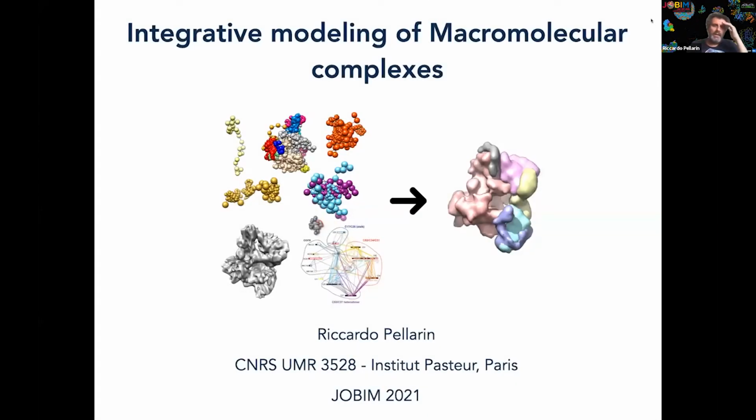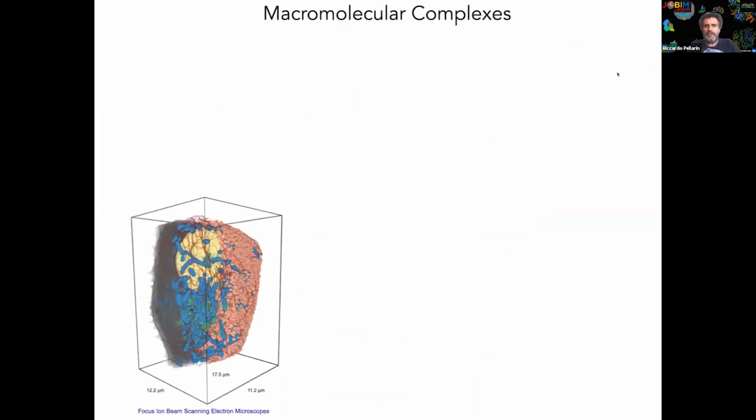Okay, so I will show a little bit of what I do as a researcher, which is mainly that I'm interested in integrative modeling of macromolecular complexes. So let's start to see what a macromolecular complex is.